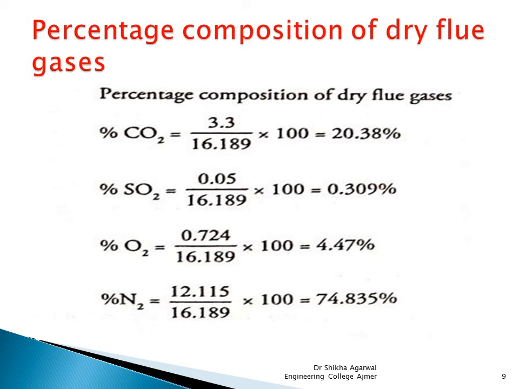Percentage oxygen will be 0.724 upon 16.189 into 100, that is 4.47%, and percentage of nitrogen similarly works out to be 74.835%. So all the three answers you have got. You've got the minimum weight of air supplied, you've got the total weight of air supplied, and you have also got the percentage composition of dry flue gases.